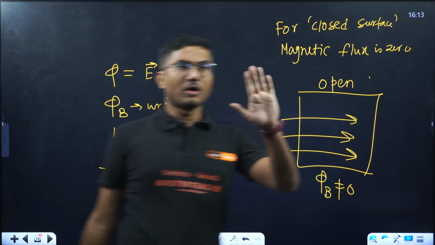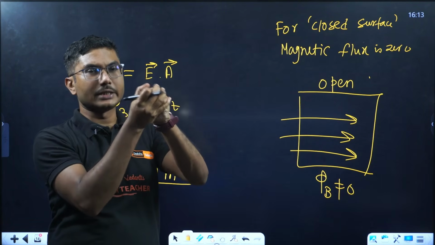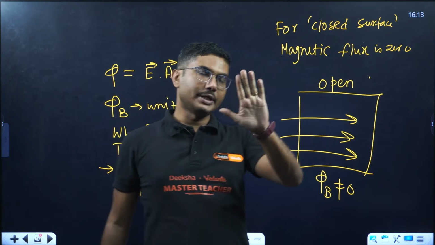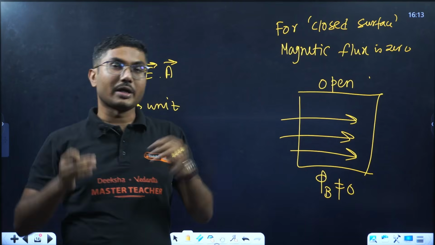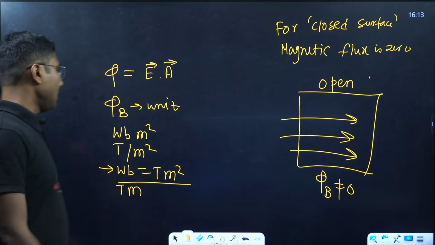Open means a normal surface, so it is not closed. If you close it from all sides, then it is called closed. If it is like a piece of paper, it is an open surface. But if you fold it to make it a sphere or say a pyramid, then it's a closed surface. Okay, remember that.